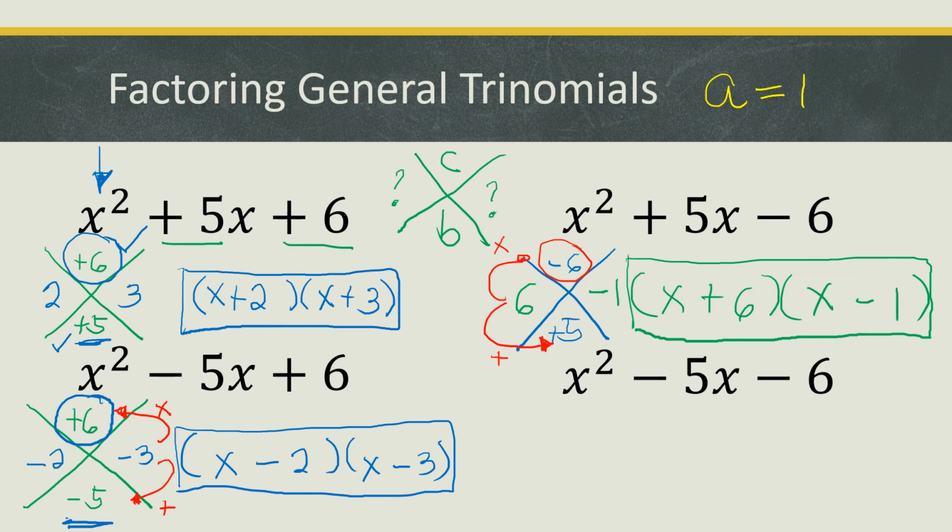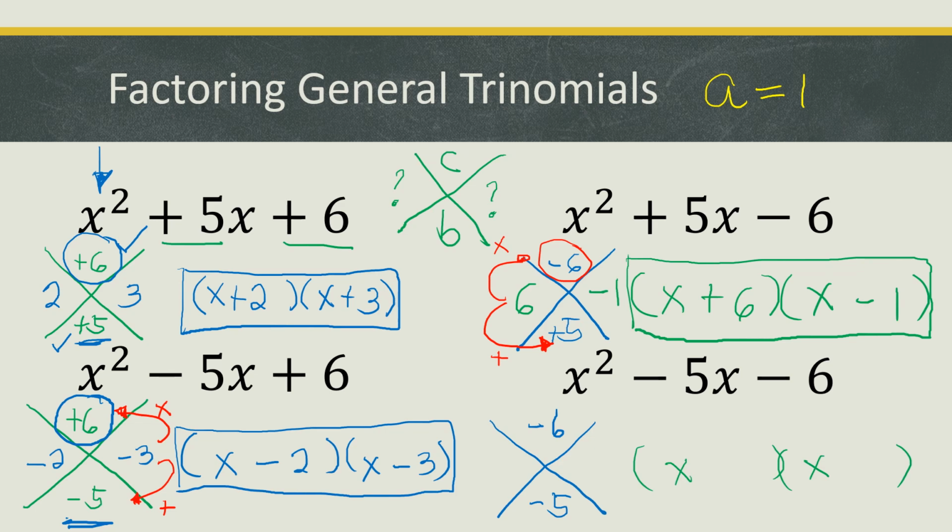Let us try the fourth example. We have here a negative 6 value of C and a negative 5 value of B. So let's factor out first the first term, x times x. So what are the two factors of negative 6 that once we add, we will get a negative 5?